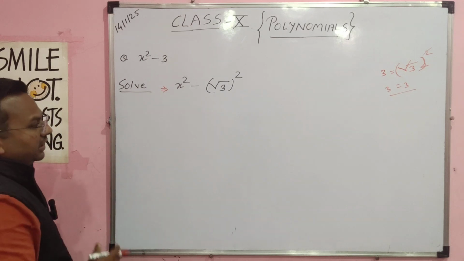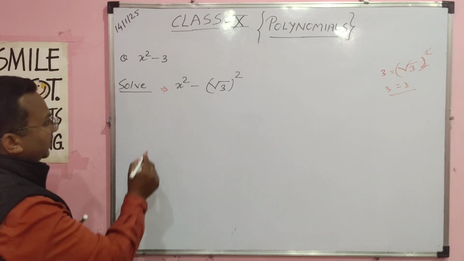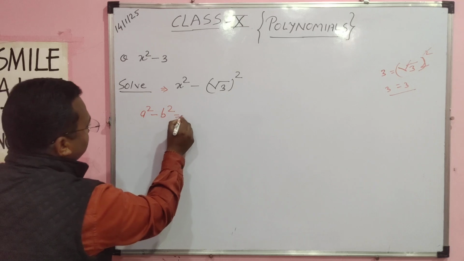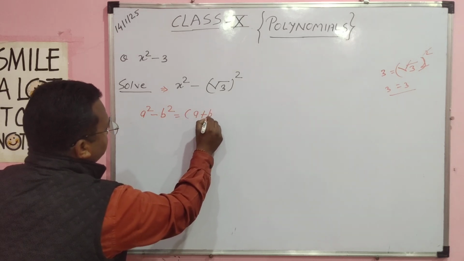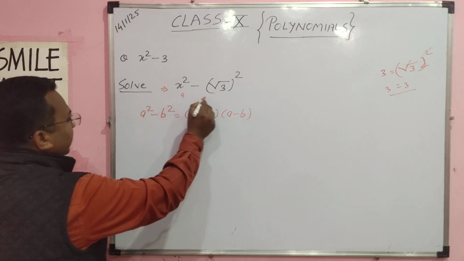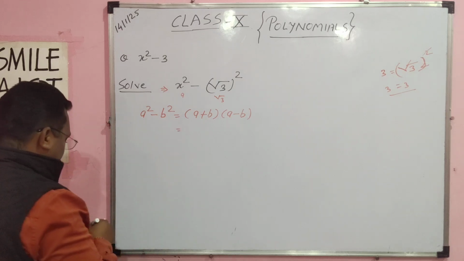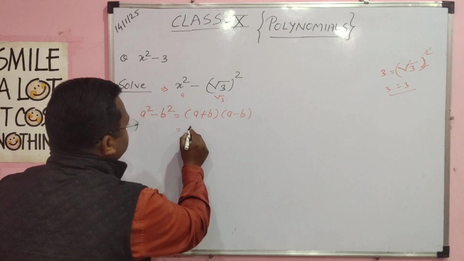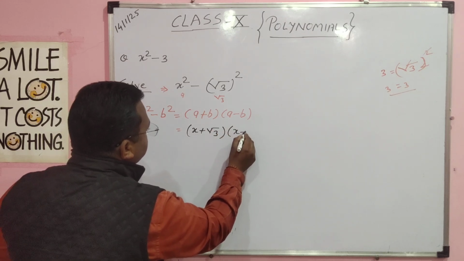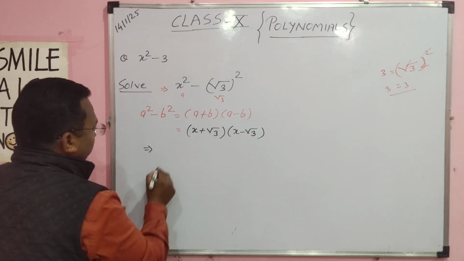And in previous classes we learned identities like a square minus b square, which means a plus b and a minus b. So a is x and b is root 3. With the help of identities we write x plus root 3 and x minus root 3.